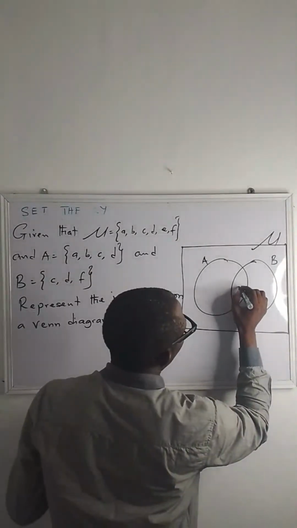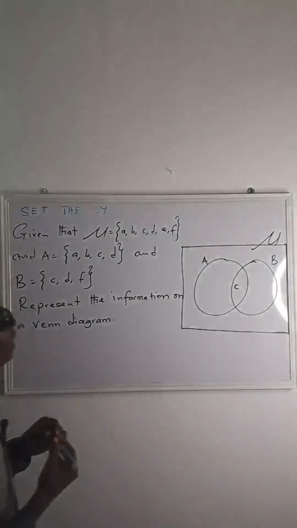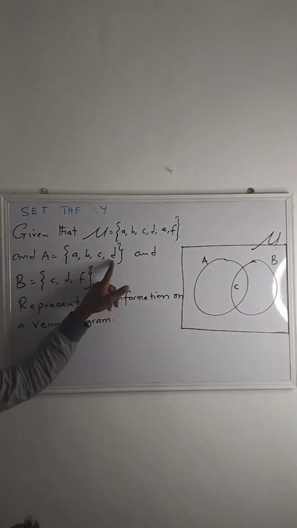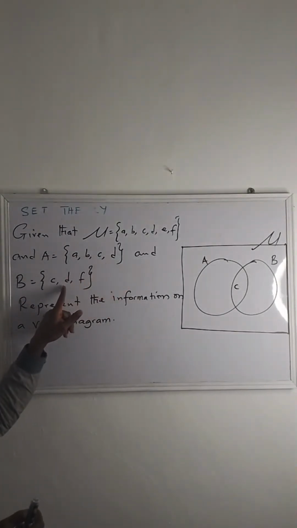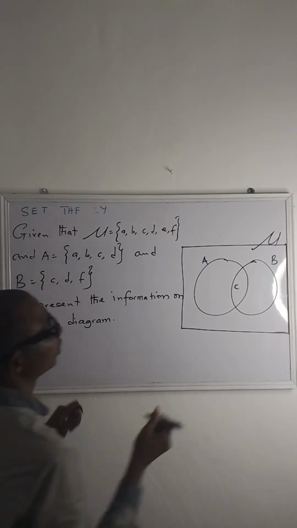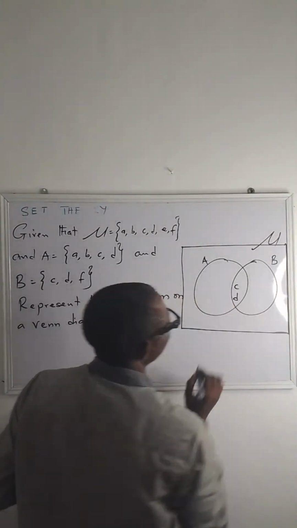So write the C here. Do we have any other elements? We have D here, and D is also here. So that means we have D here.